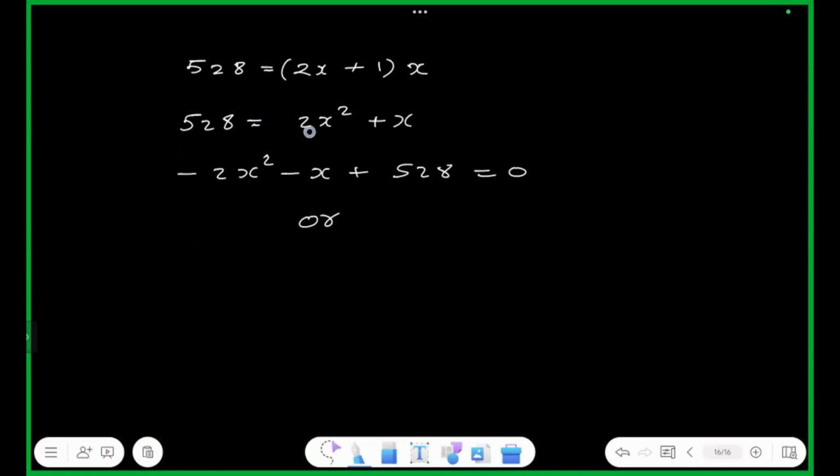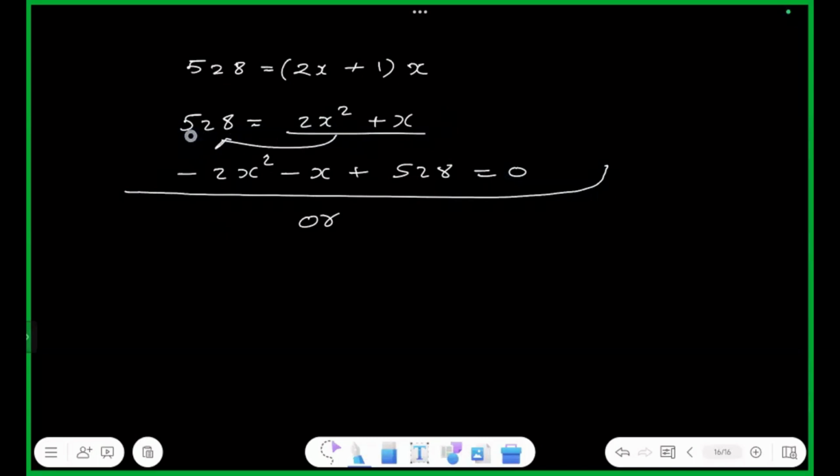Instead of transferring 2x square plus x to the other side, transfer 528 to this side. Got what I am trying to say? Instead of transferring this thing to this side, you can transfer 528 to the other side.